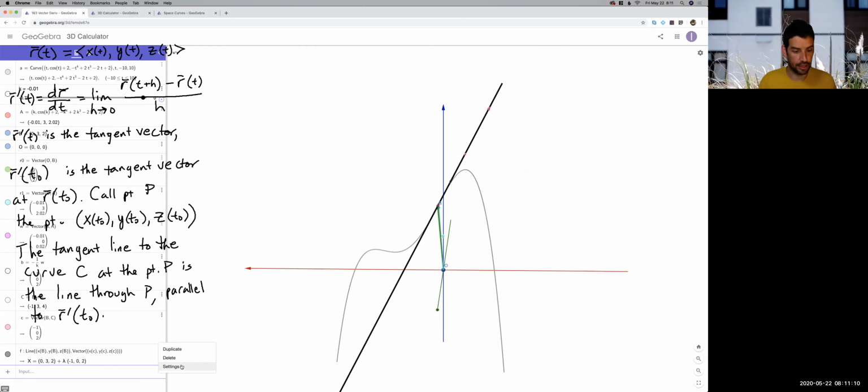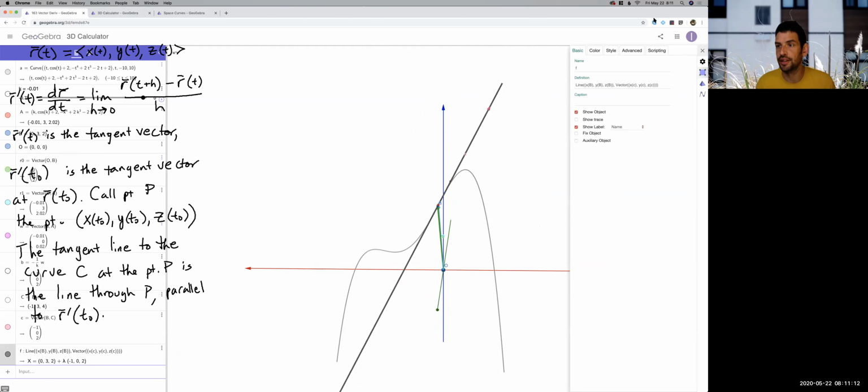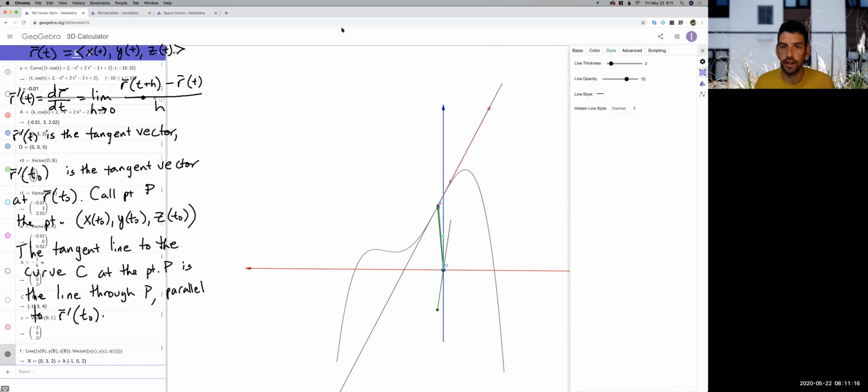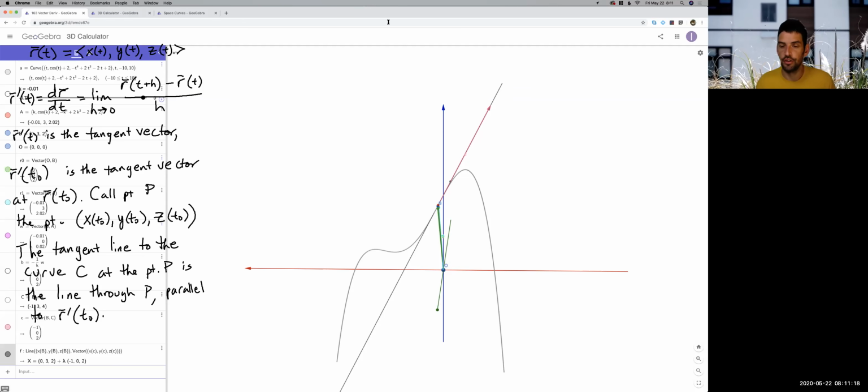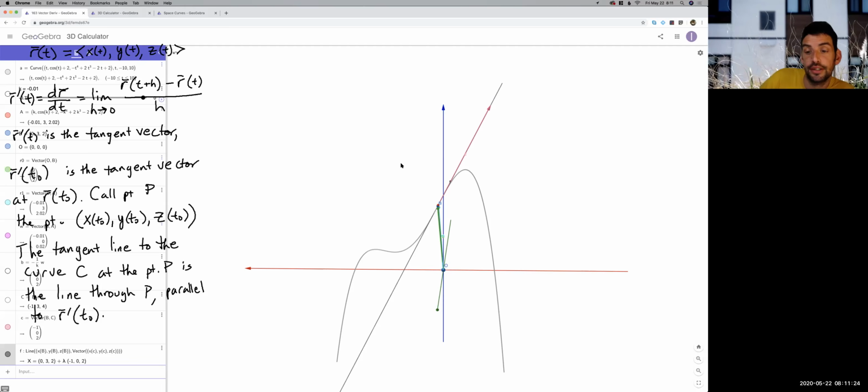It's kind of being absorbed by that vector. Now let me make it a little bit smaller. Okay, there we go. So there's our tangent line sitting in the same direction as that tangent vector.